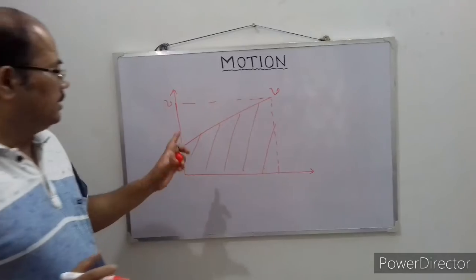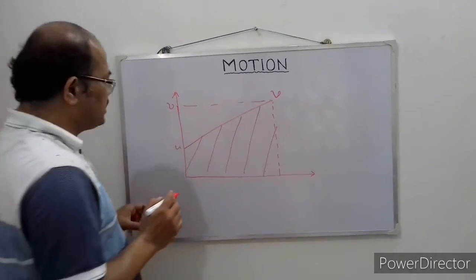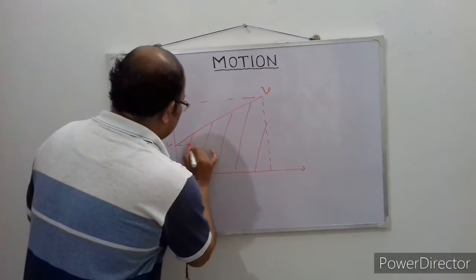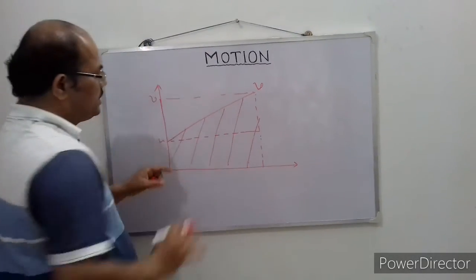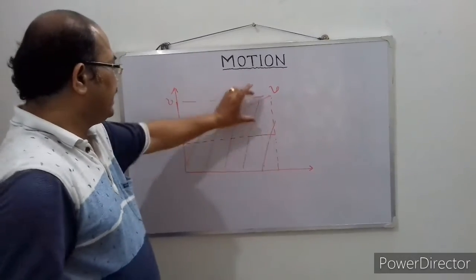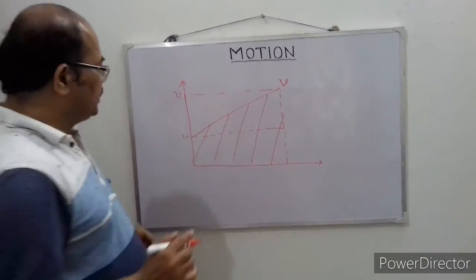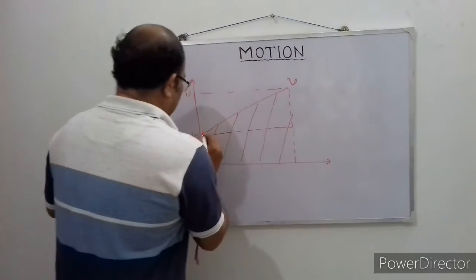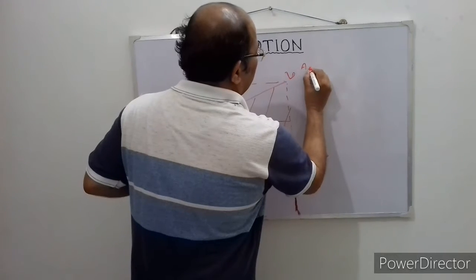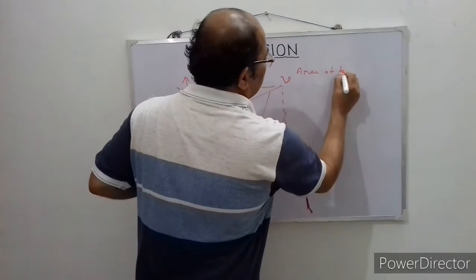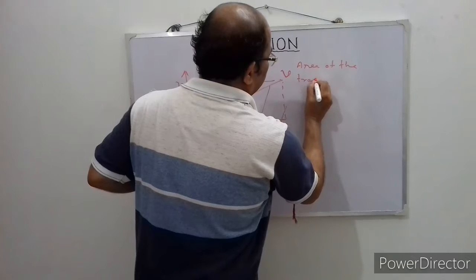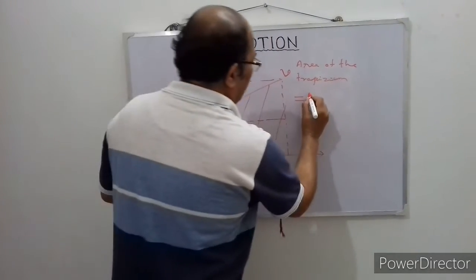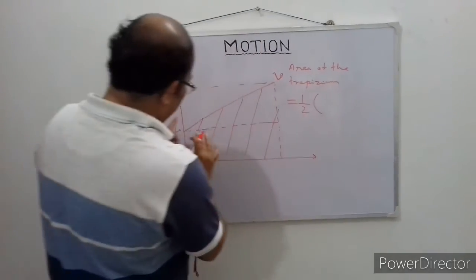As here the shape is like a trapezium, we can find the area of the trapezium, or we can split the trapezium into two parts, one rectangle and another triangle. So we will get the area of the trapezium equals half into the sum of parallel sides.